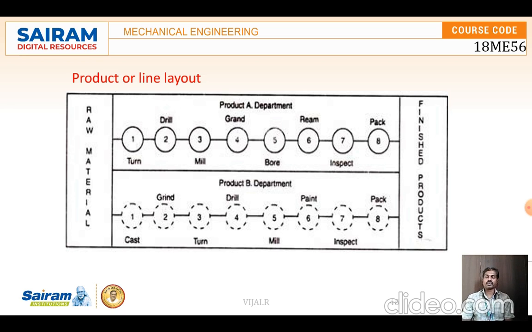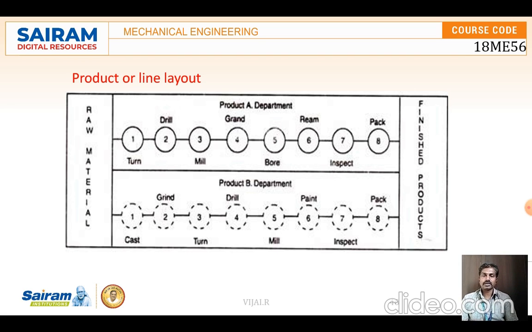First, the product should go through turning operation, then drilling, then milling. The fourth step is grinding, fifth boring, sixth reaming, then inspection, then packaging, and it becomes a finished product. This layout is made for product A.